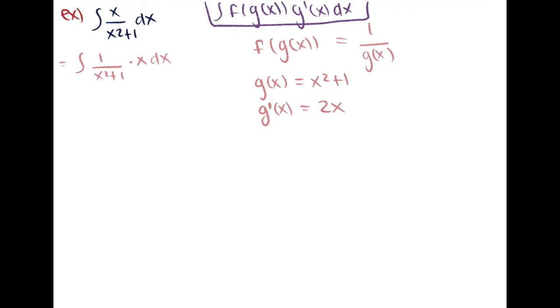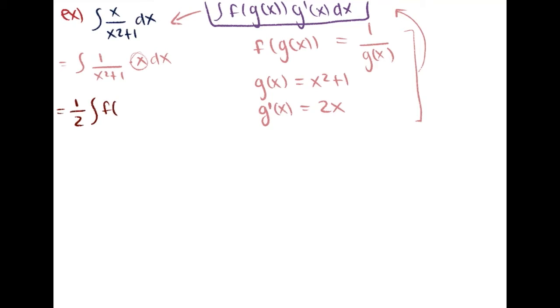But I have an x here, not a 2 of x. So if I were to put this in this form, I wouldn't get this integral. But there's a way I can get this integral, and that is if I divide by 2 in front of the integral.